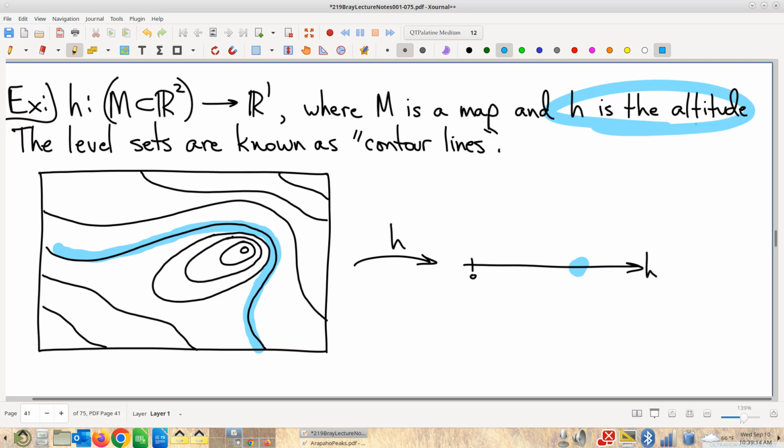If you're out hiking or something like that. And so this is a map, sometimes called a contour map or a topographical map. So contour lines, if you think about it, in fact, are level sets. They represent a constant value of this function called the altitude function. So contour lines are level sets of the altitude function.